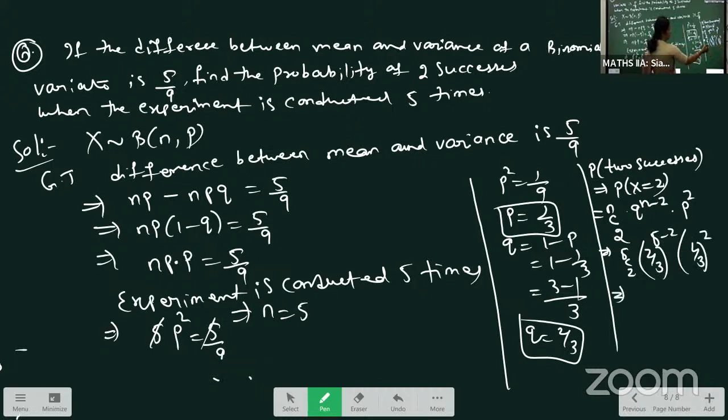5C2, same as the previous question. 5C2, if you expand, you will get 10. 2/3 to the power 5 minus 2 is 3, and 1/3 whole square. 10 as it is. 2 cube is 8. In the denominator, 3 cube and 3 square, 3 to the power 5. 10 into 8, 80.